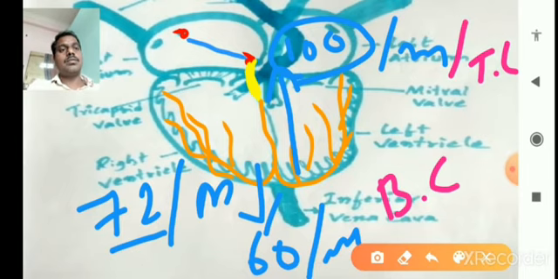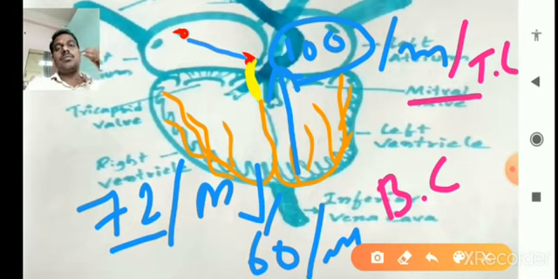Tachycardia, the high rate of heartbeat, is present at exercise time, running time, and when we are doing highly continuous work. At that time our heartbeat increases, and we call that tachycardia. Tachycardia may be cured by some medicines, but bradycardia, the slow heartbeat, is not cured by medicines or treatment; it depends on the pacemaker, the SA node.